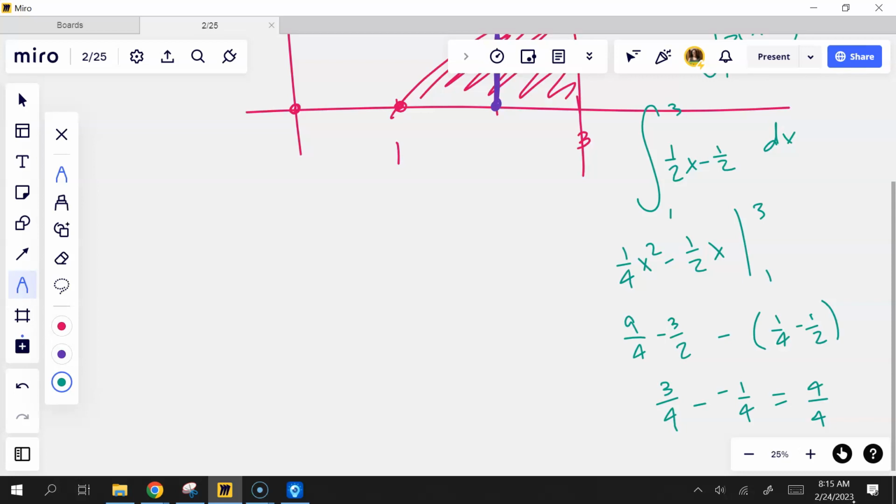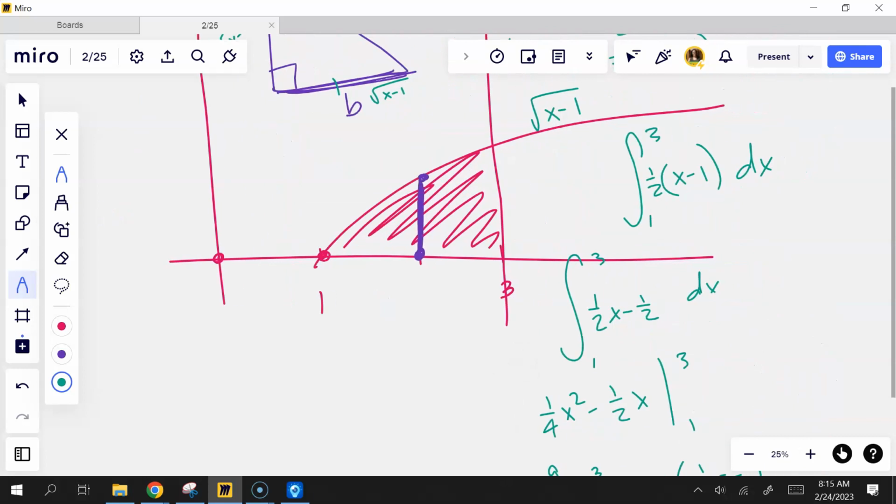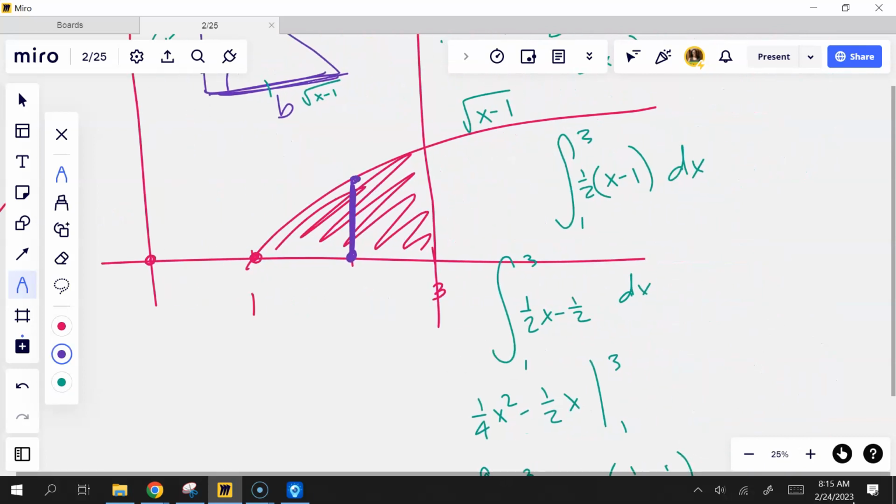Did y'all do the semicircle cross sections perpendicular to the y-axis? Of course you did, right? Let's do it, because that one seems fun.